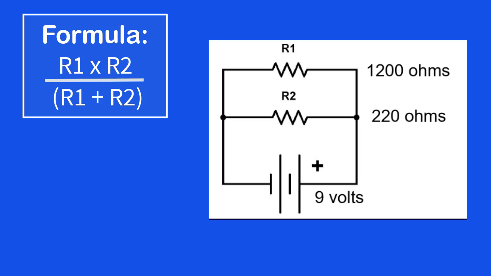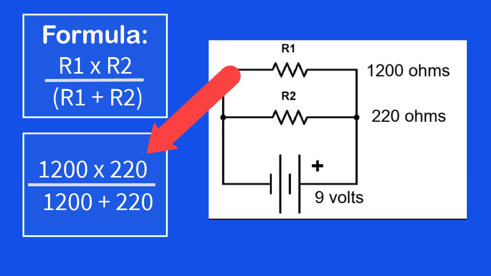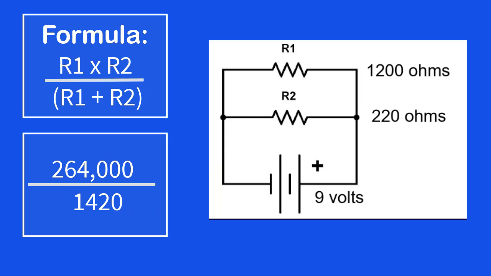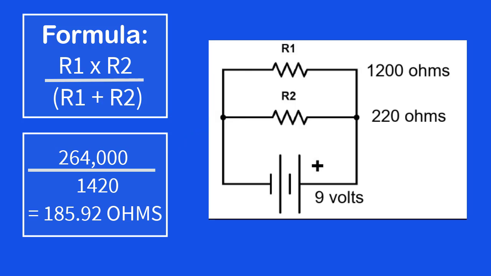Using the formula R1 times R2 divided by the quantity of R1 plus R2, we get 1200 times 220 divided by the sum of 1200 plus 220, or 264,000 divided by 1420. That gives us 185.92 ohms as the total resistance in the circuit.